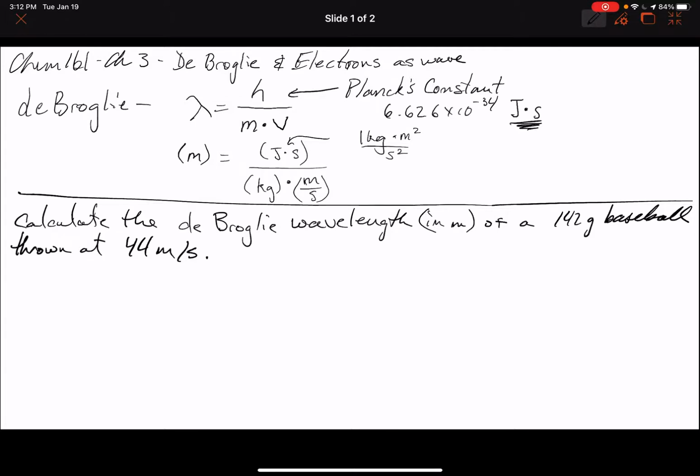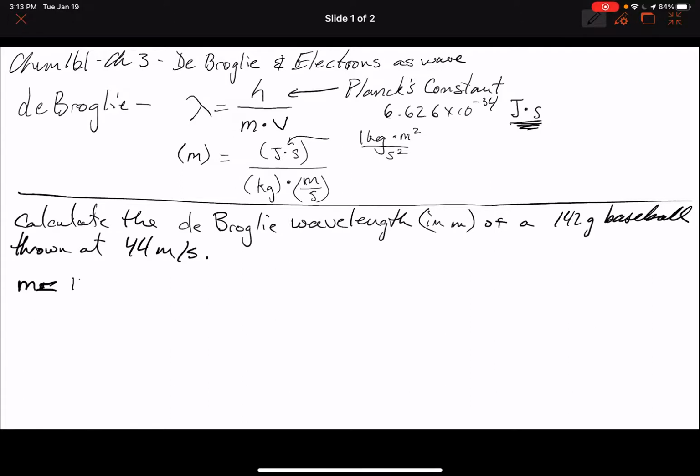Okay, so we have the equation above. We're given the mass of the baseball in grams, and we're given the speed of the baseball in meters per second. And so we have to do a little bit of work to better ready the mass information here to use our de Broglie relationship. So as we saw before, mass has to be in kilograms.